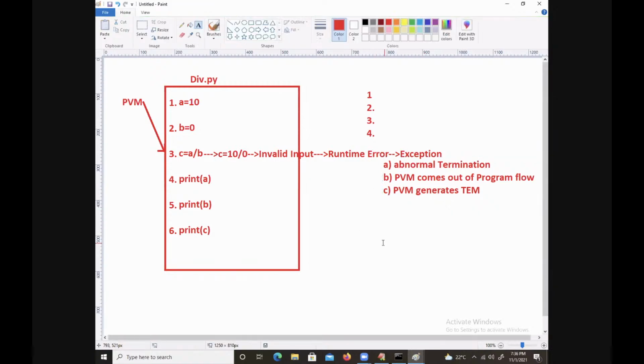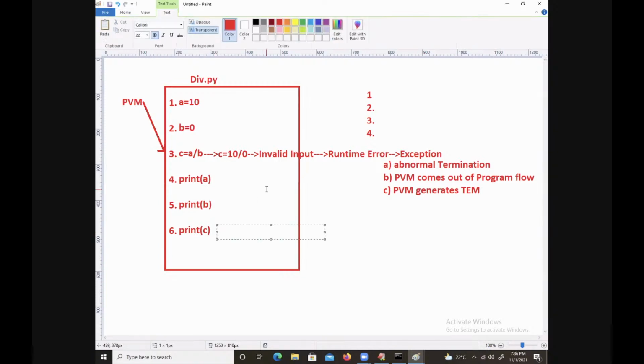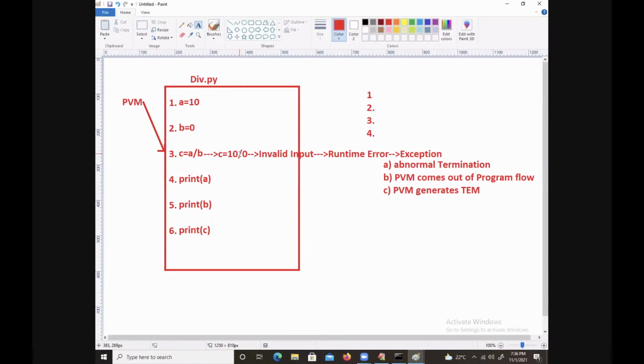Handle that exception. Now, this A, B, fourth line not executed, fifth line not executed, sixth line not executed. Because of 10 by 0, one problem is happening. This problem name is called a division by 0 problem. Wait for 2 minutes, I will mention this.